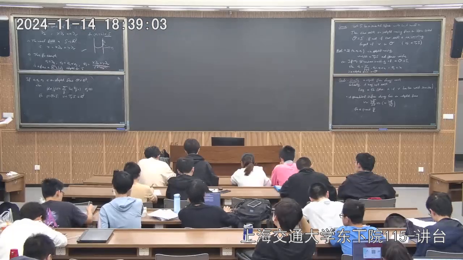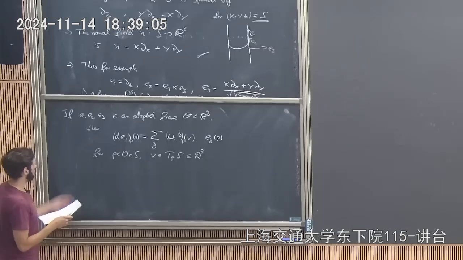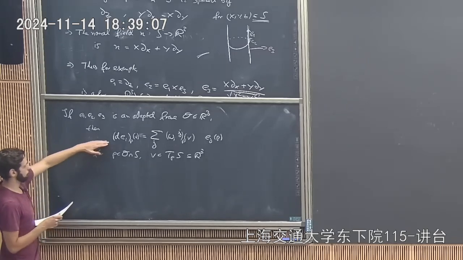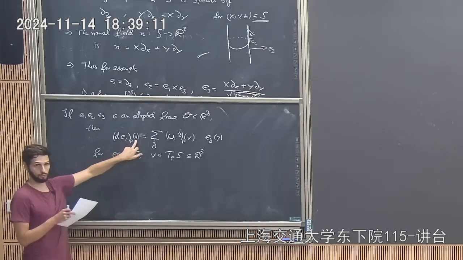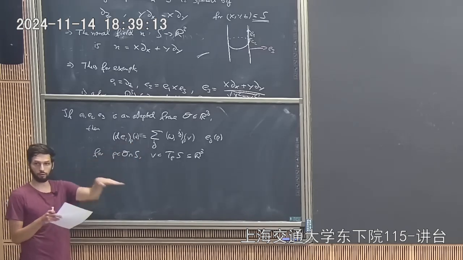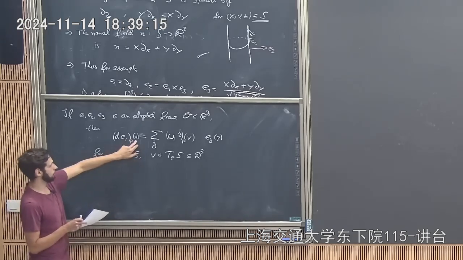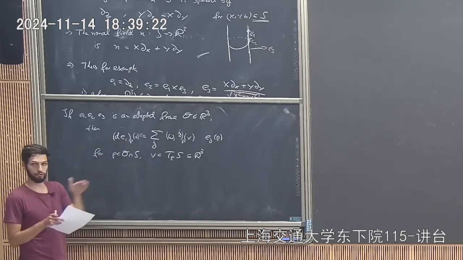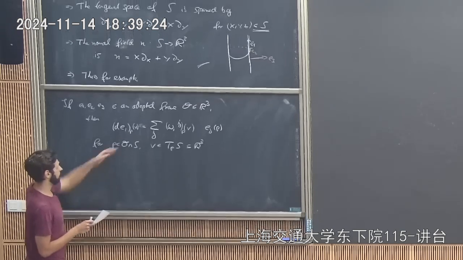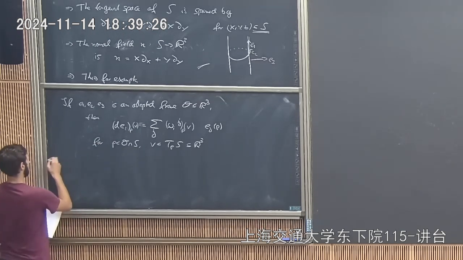So that's a nice formula. Like for curves, the nice part was that we essentially have only one direction which was important, namely the direction of the curve. So we essentially only needed this formula for v equals the tangent direction of the curve. So that made it relatively simple.